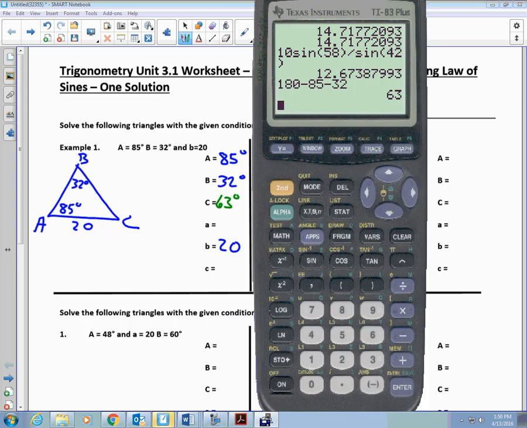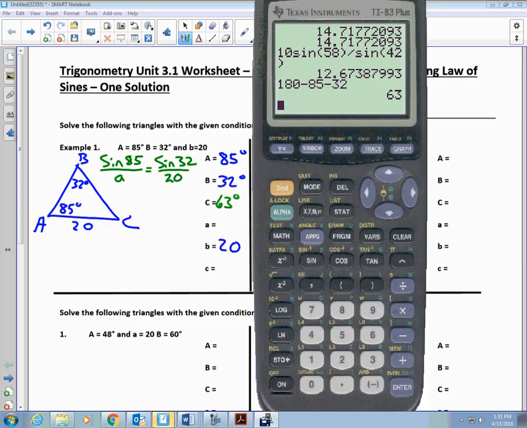Forrest, you wanted to find side A. Side A is a good side to find. So we would take the sine of 85 divided by A, that's our unknown, is equal to, now I need an angle and its opposite side that I do know, sine of 32 over 20.